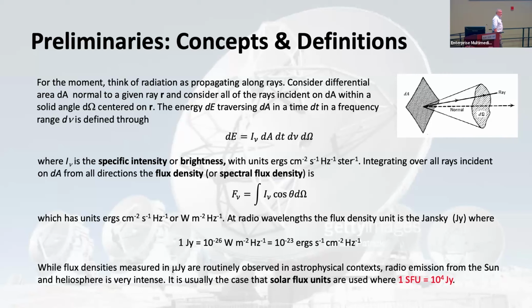Now, with modern radio telescopes for astrophysical observations, we routinely get down to micro-Jansky sensitivities, even tens or hundreds of nano-Janskys. But the sun, just because of its proximity, is incredibly intense, right? So we don't just use Janskys, we use solar flux units, which are 10 to the 4 Janskys in one solar flux unit, okay? So if I use SFU, that's what I mean.